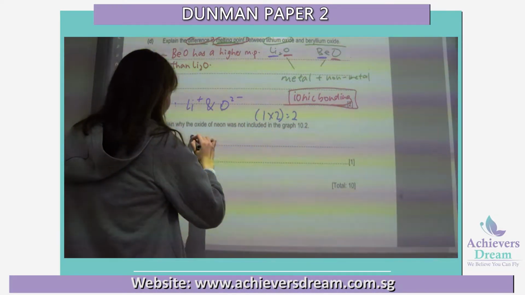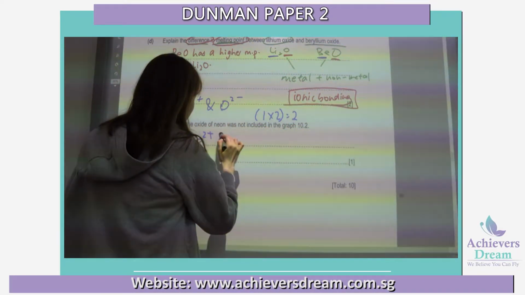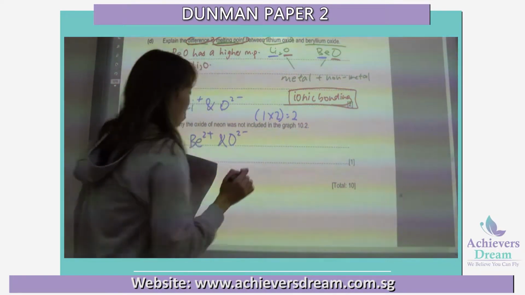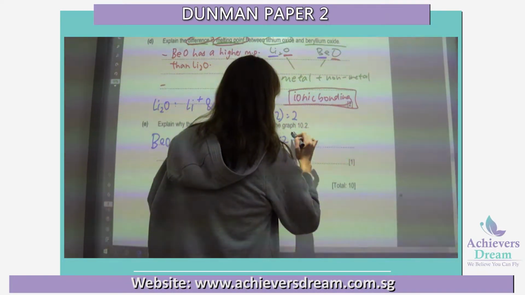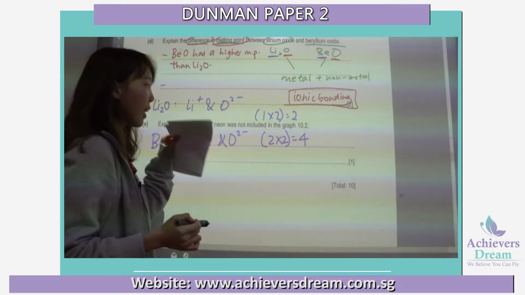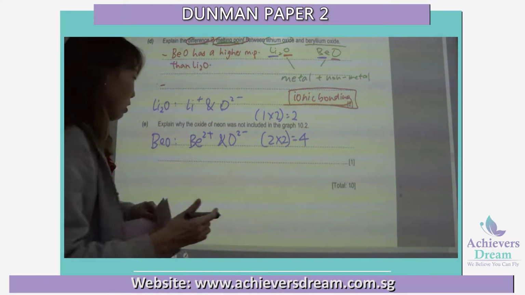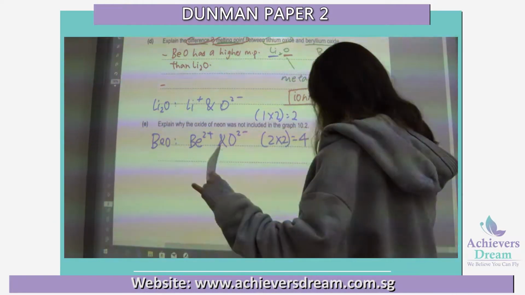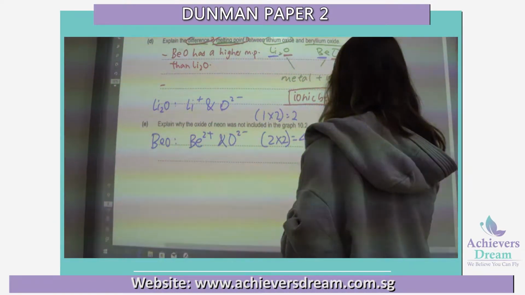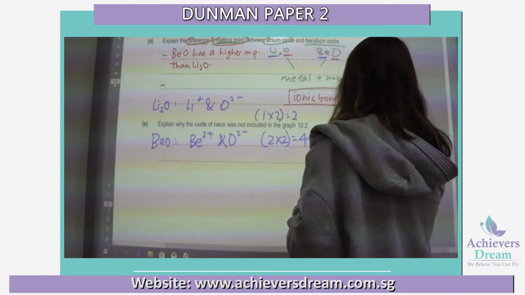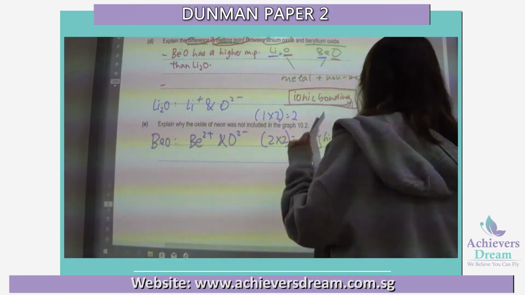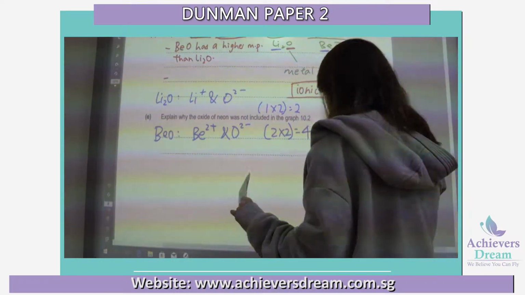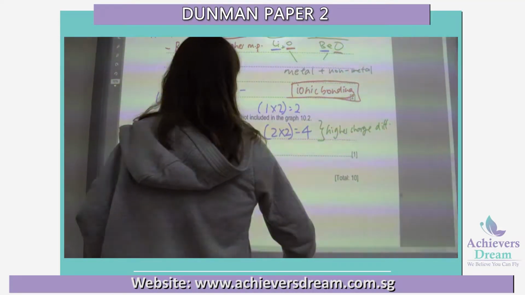BeO. I have Be2+ and O2-. What is the charge difference? It is 2 times 2 equals 4. Which one has a higher charge difference? It is beryllium oxide, correct? So this one has a higher charge difference.